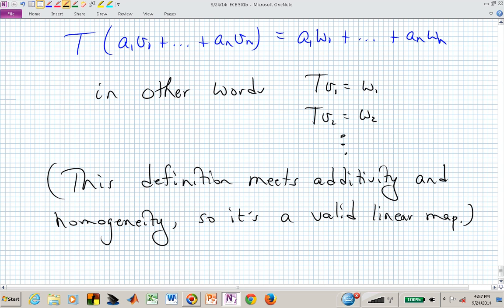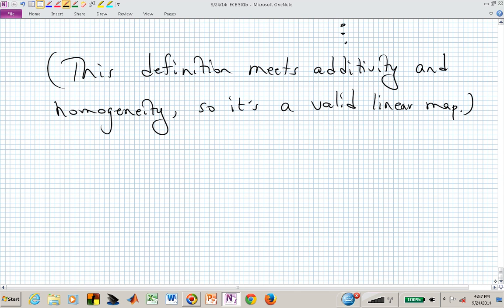But that right-hand side could be created, or any vector in the codomain can be represented by the right-hand side.